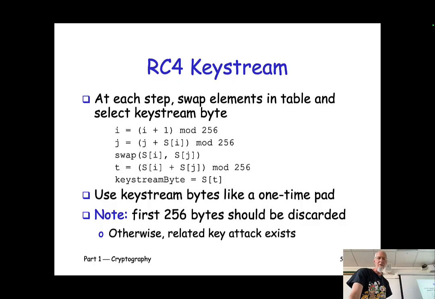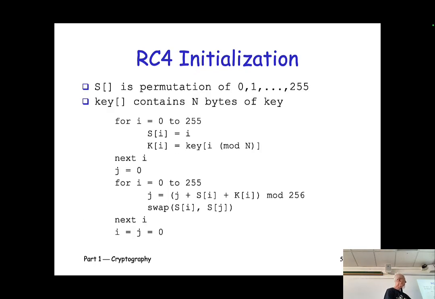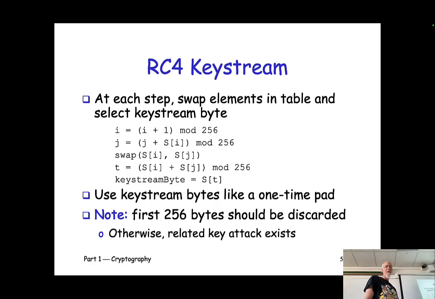Okay, but it's pretty simple, right? It's 10 lines of code to initialize, and then 5 or 6 lines of code to actually generate key stream. So every time you want a byte, you just do this. It's very fast, very efficient, and it's considered pretty strong, provided there's a technicality here.